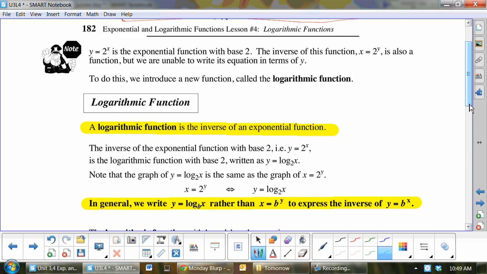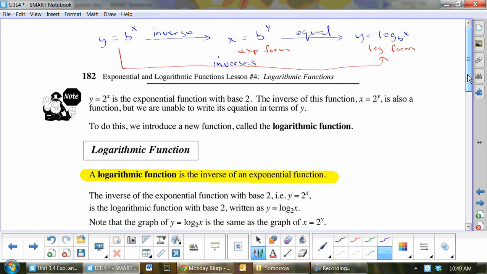But more importantly, know this top chart that we just did together. If exponential is y equals and log is y equals, they are, okay, so this is exponential. So y equals b to the x and y equals log b to the x, because they're both y equals, they equal each other.